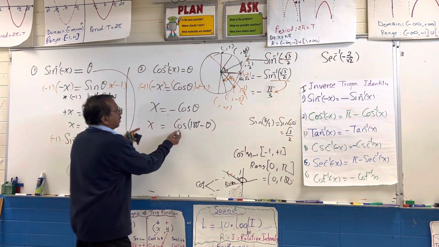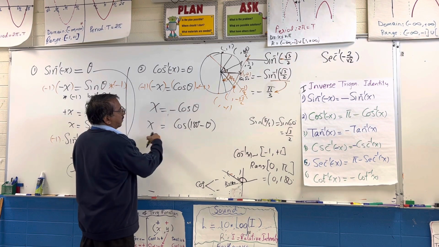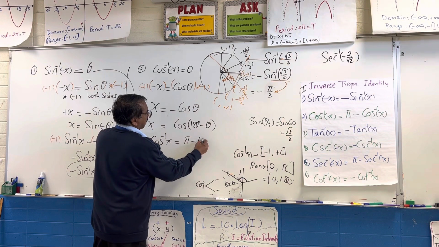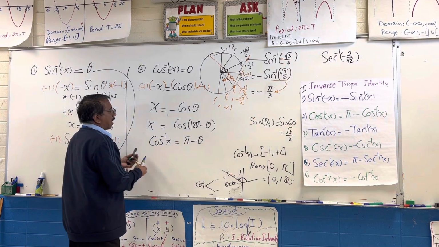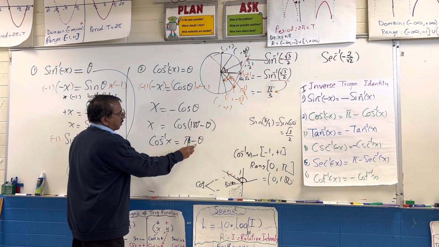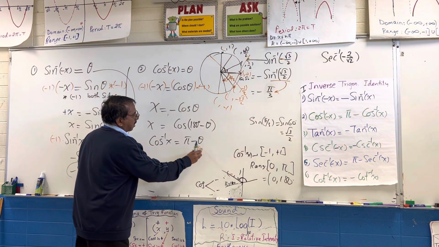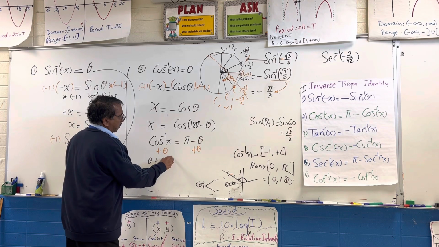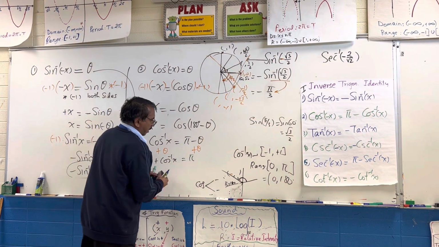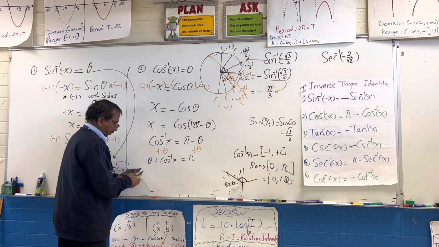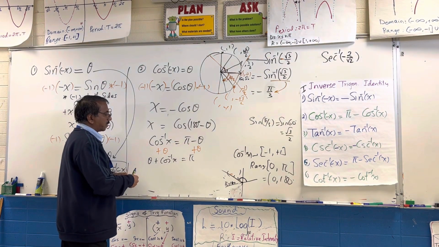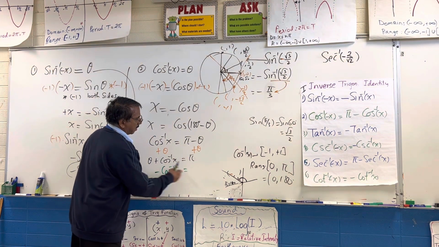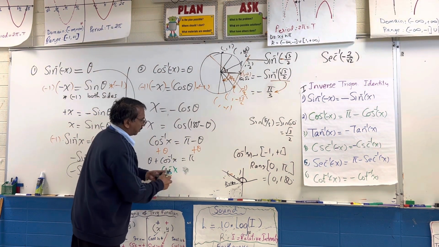Okay? And then you use the definition of inverse. So this becomes cosine inverse of x. 180 is pi. And then I want to add theta to both sides. So theta plus cosine inverse of x is pi. And then you subtract cosine inverse of x from both sides.